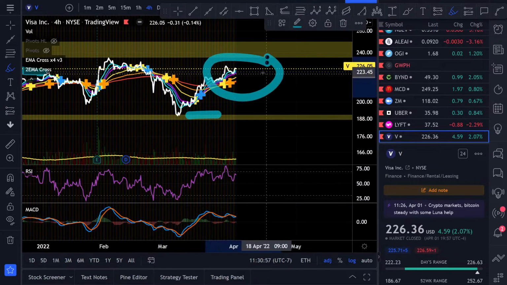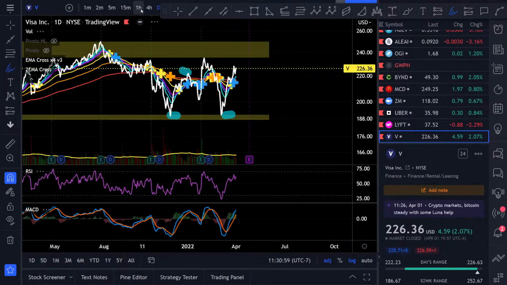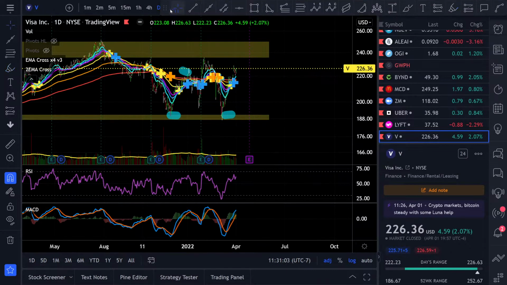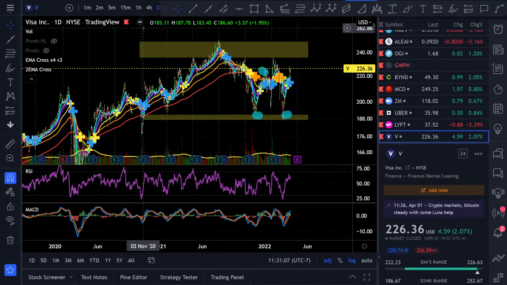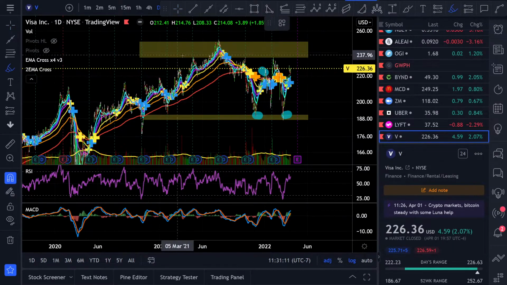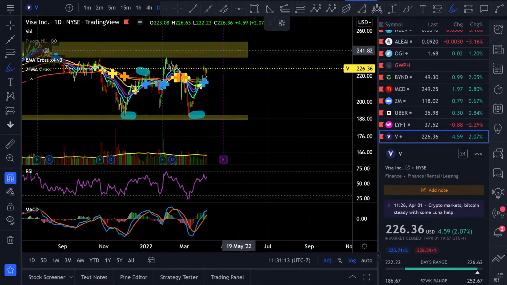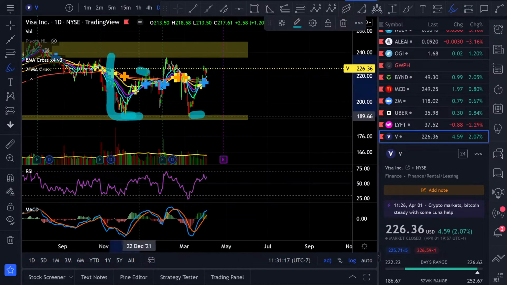So now maybe this golden cross is going to be the real one. It's possible. Essentially, though, if we're looking at the Visa price, it is still consolidating for a year within this trading range. So this is kind of generally what consolidation sort of looks like, just very loosely from November till May.